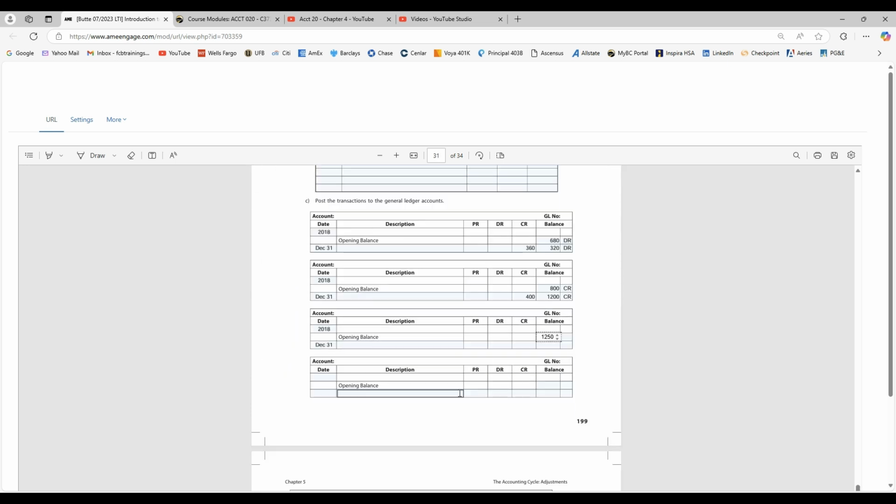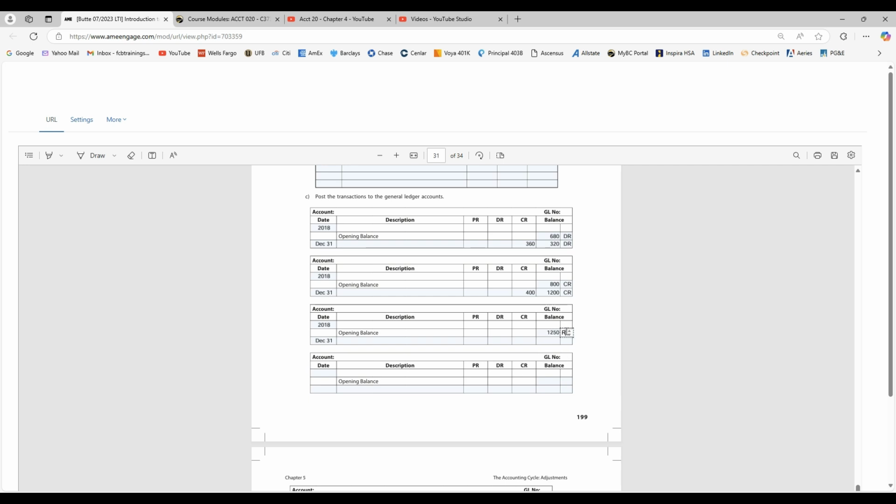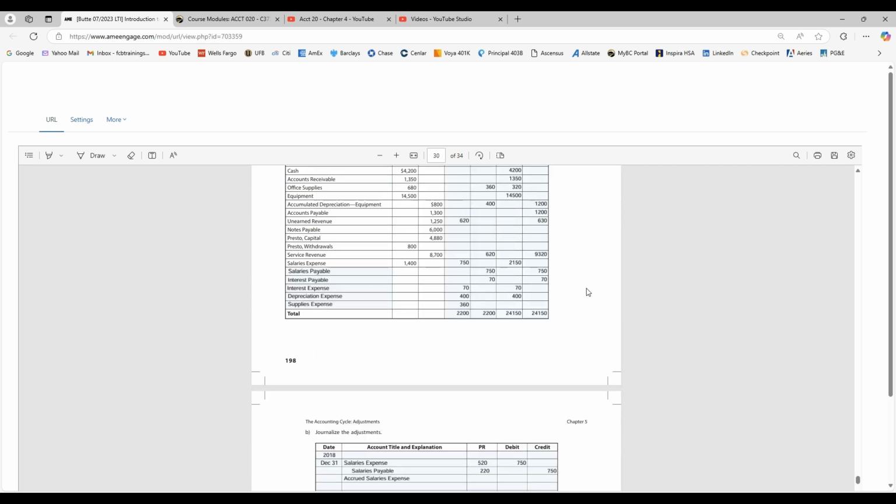It's a credit balance, as this is a liability account. And then what we're doing is reducing unearned revenue because we earned $620 of that. It's a credit balance, so we're debiting it to reduce it. That brings our credit balance down to 630. From there, you just continue down the line for any accounts that have adjustments.